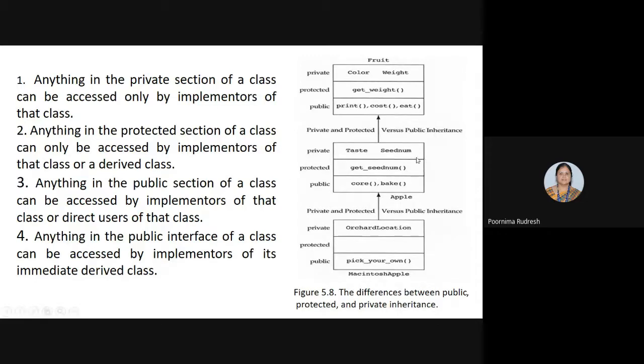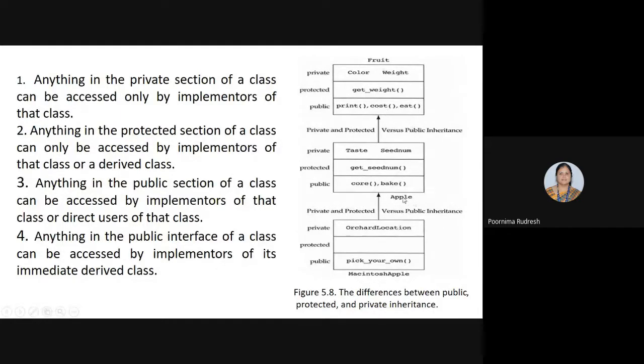So next, see here, if you consider the fruit class, print, cast and eat are present in the public area. Then according to the third point, it is accessed by the implementers and the users of that class. And according to the fourth point, it can be accessed by the implementers of the immediate derived class also. So which is the immediate derived class for fruit? For fruit, apple is the immediate derived class.